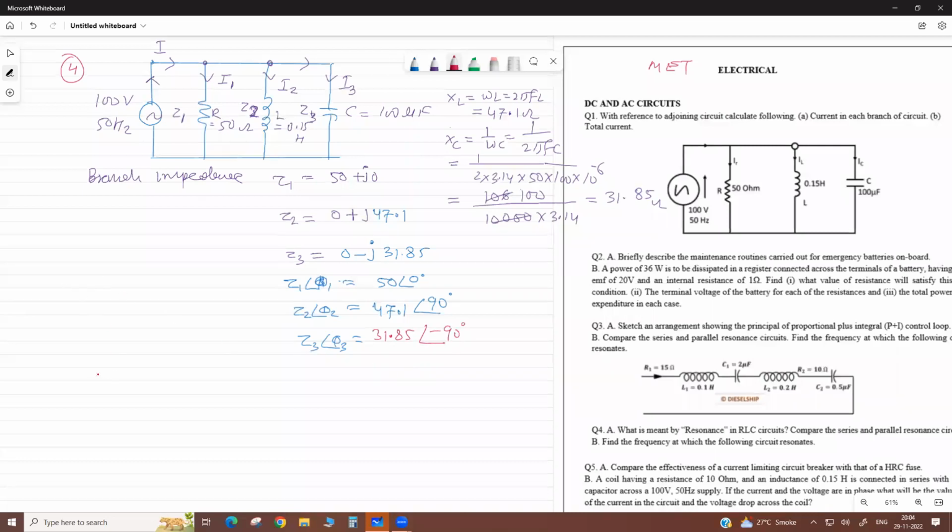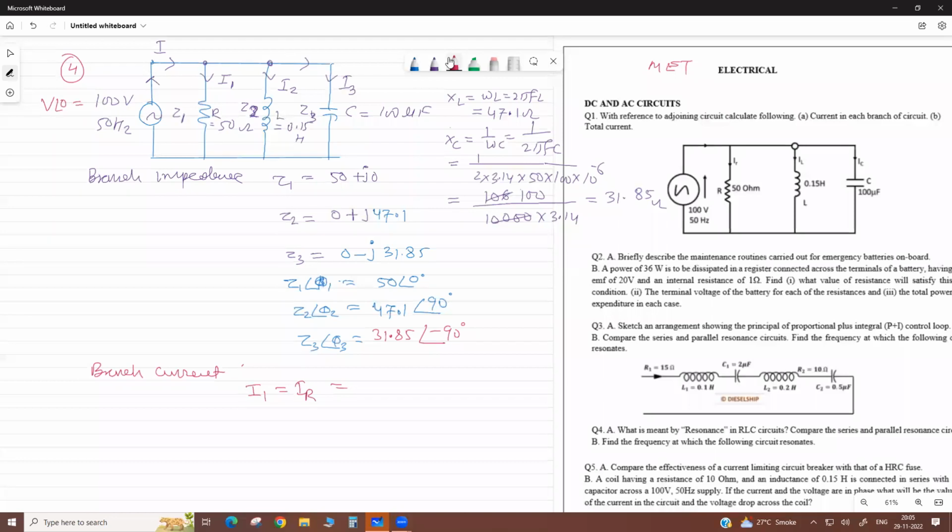Now if we calculate the branch current, which is asked. First, I1 means IR, the branch resistance current. We take the voltage as reference, V angle 0.